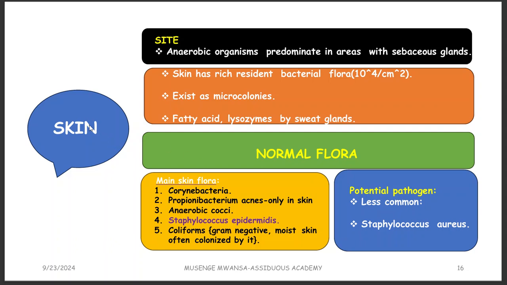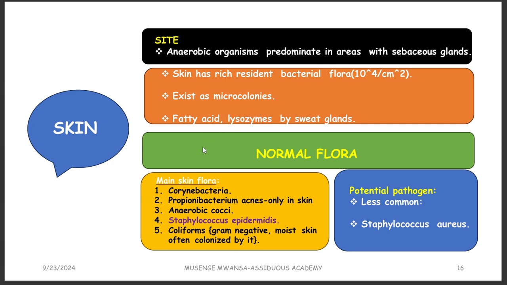So you can see that in the skin, the predominant guys here are anaerobic organisms, and they are going to be found predominant in areas with sebaceous glands. And the skin has the rich resident bacteria flora, like 10 to the power 4, like that's 10,000 per cubic centimeter. And they exist as microcolonies.